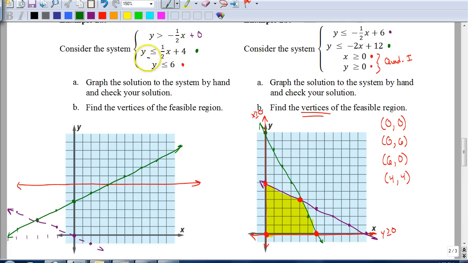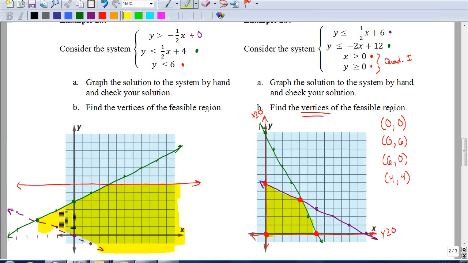And for this one, since it's less than, we would shade below that line. So it's going to be everything below the green line, below the red line, and above the purple line. So this region is one that all three of these have in common. Again, make sure that you recognize the fact that that goes on over there.